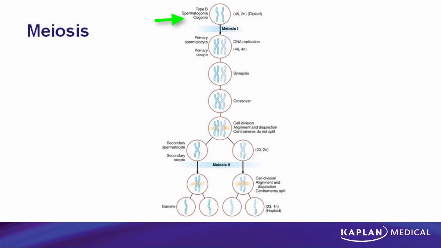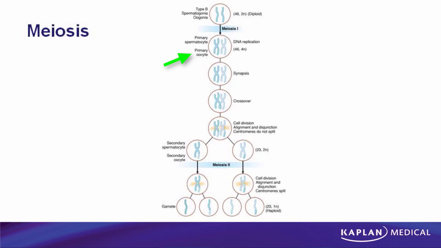Once they do that, we change their name, and instead of calling them spermatogonia or oogonia, we now will call them primary spermatocytes or primary oocytes, depending upon whether it's male or female. Okay, so that's what we're talking about with this cell here. And this cell, this primary spermatocyte or primary oocyte, will start to go through the first meiotic division.